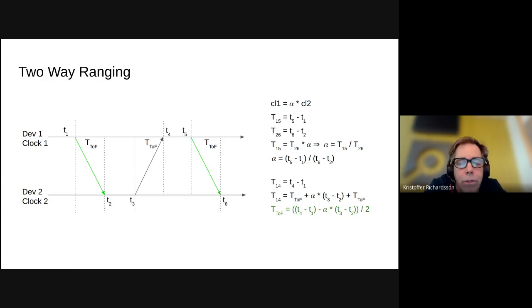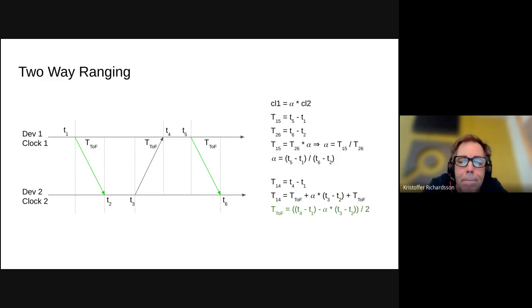So T4 is when we receive this second packet. T1 to T4 should be exactly the same thing as T2 to T3 plus time of flight back and forth. And then we have to compensate for the difference in clock speed with the alpha. And this makes it possible to solve for the time of flight.